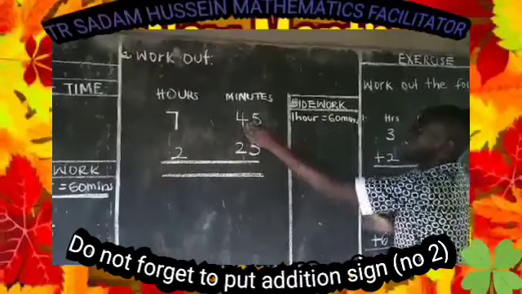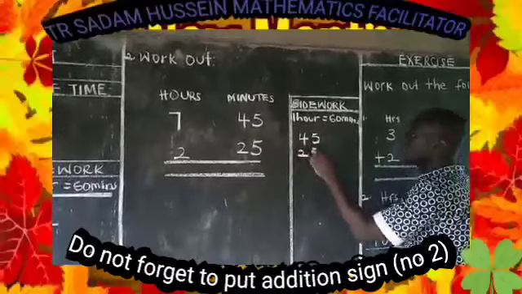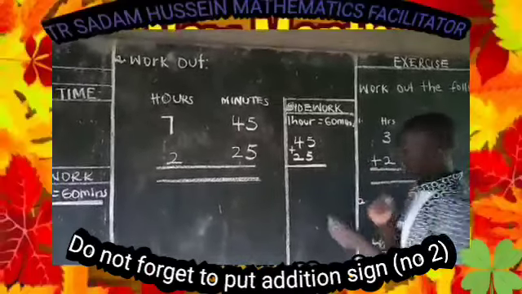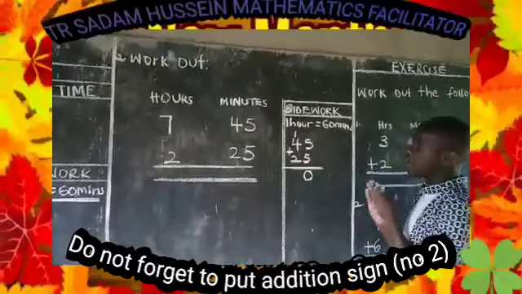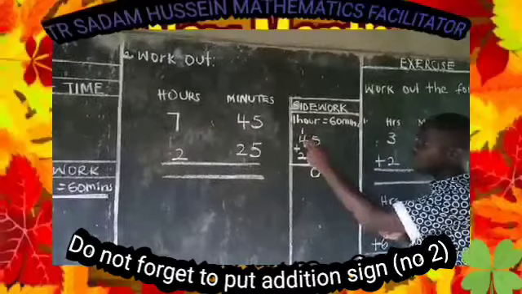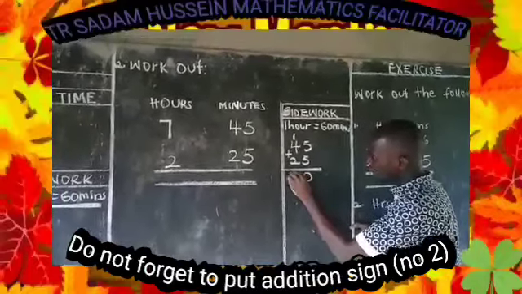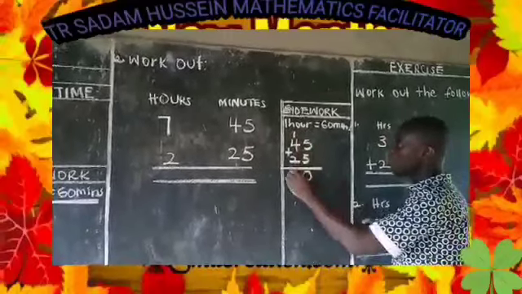Now, we are picking under minutes: 45 plus 25. Now, what is 5 plus 5? It is 10. You write 0, you regroup 1, because we are still under minutes. So 1 plus 4 is 5, plus 2 is 7.